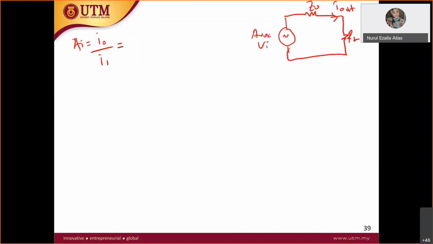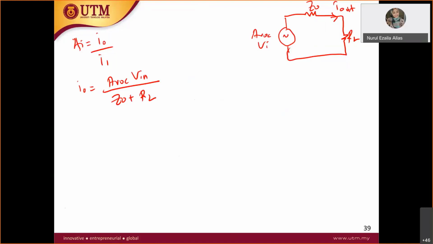So what is your I out? I out is equal to AVOC V in over Z out plus RL. This one you don't have RL, but most of the circuits you have RL.